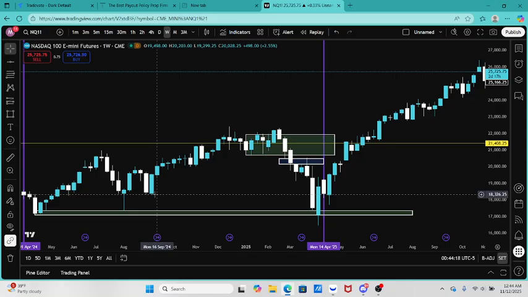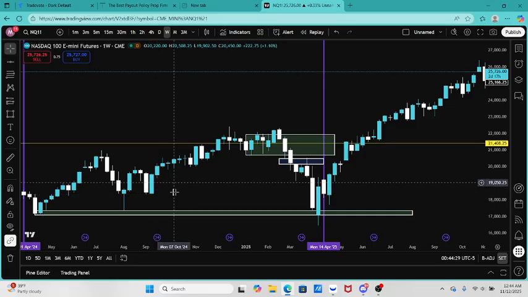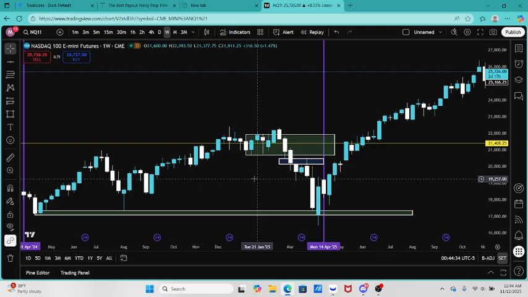That is like price showing you its hand, like if you're playing a game of cards: these are the cards I have and this is what I'm gonna do. Now, this is where trading becomes easy, just waiting for price to show you what it's gonna do.